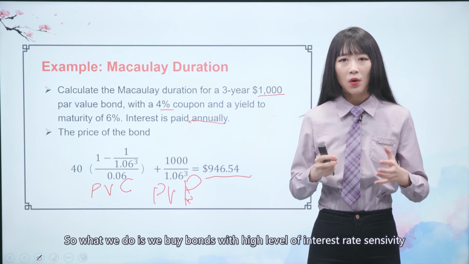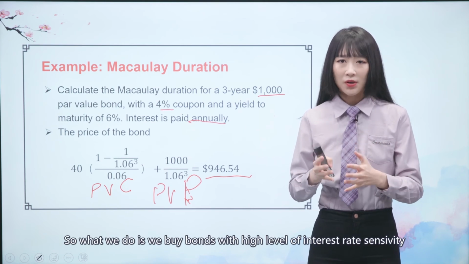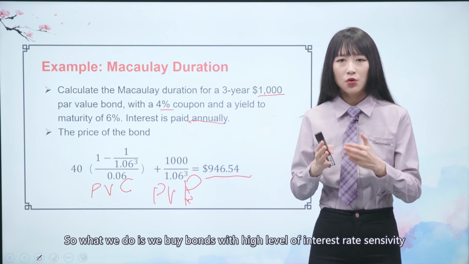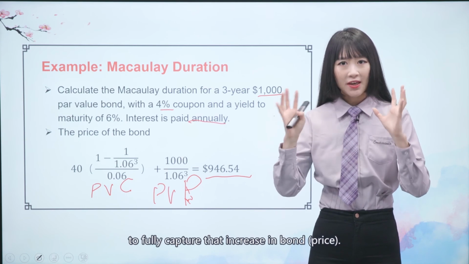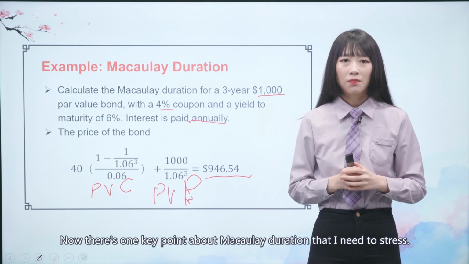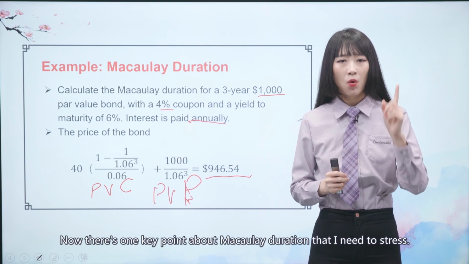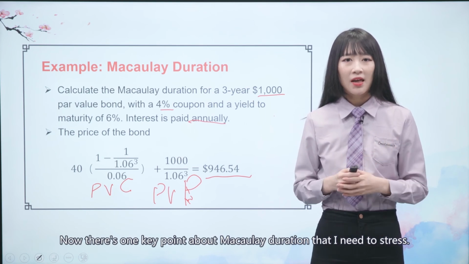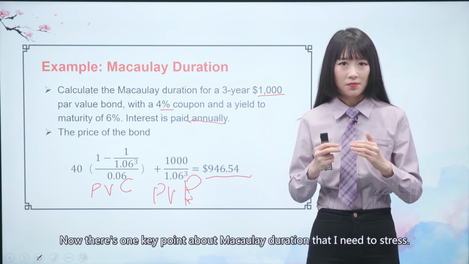So what we do is buy bonds with a high level of interest rate sensitivity to fully capture that increase in bond price. Now, there's one key point about Macaulay duration that I need to stress.